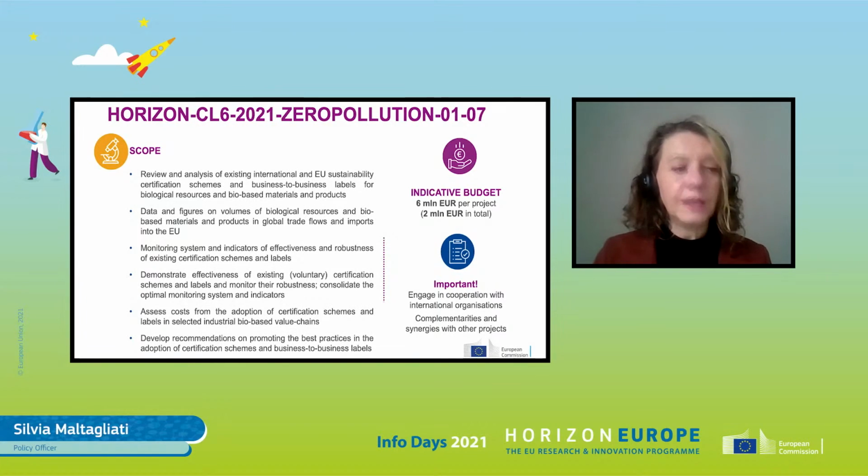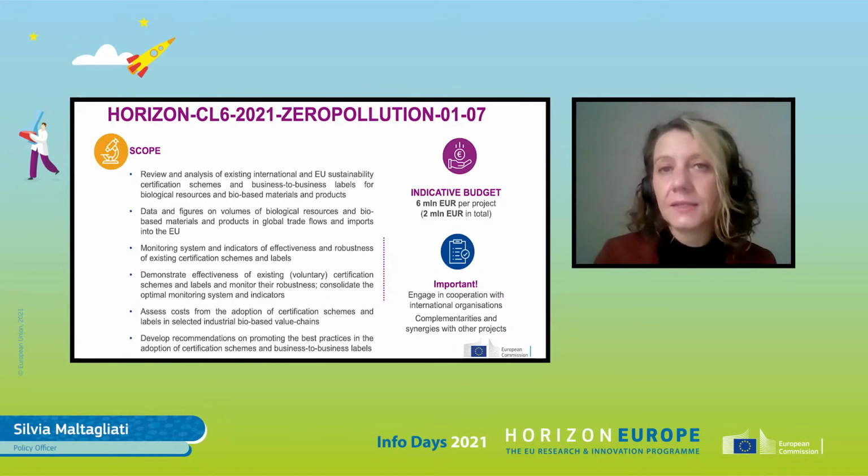So it is worth concluding now with the common features of the three topics I have presented so far. In that, first, the definition of biological resources includes primary resources, of course, but also biowaste and any biological secondary raw materials from rural, urban, industrial sources and activities.